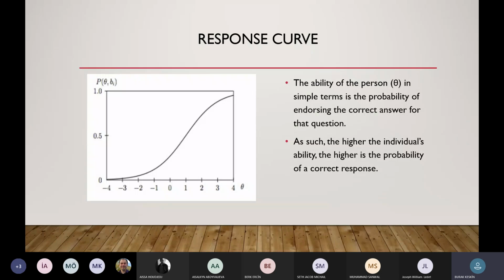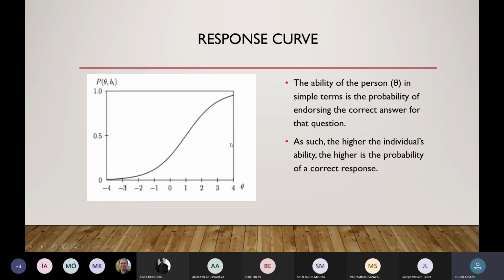The ability of a person is measured in a value called theta. In simple terms, it is the probability of endorsing the correct answer for a question. The higher the individual's ability, the higher the probability of a correct response. In this curve, for example, higher theta means there are more high ability students in that test. So if it is closer to theta value 4, it is good.